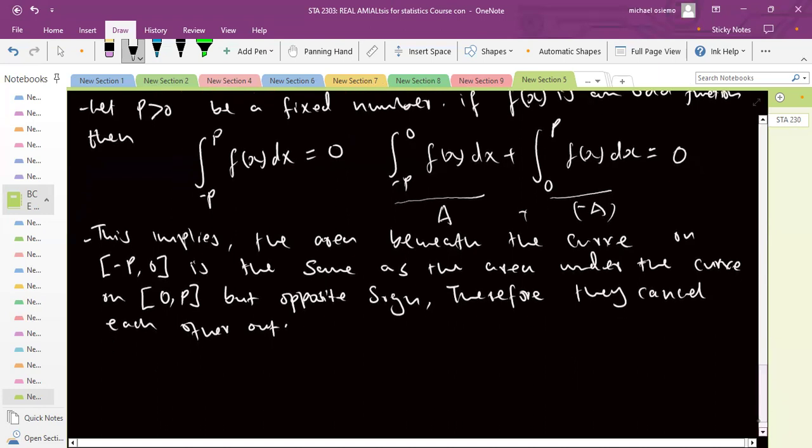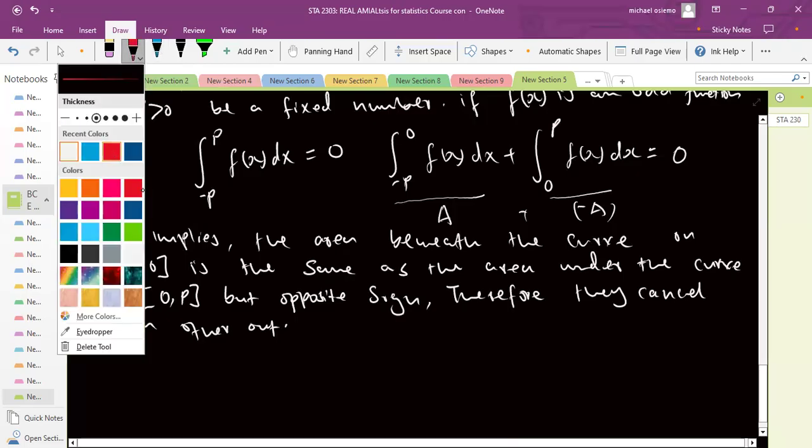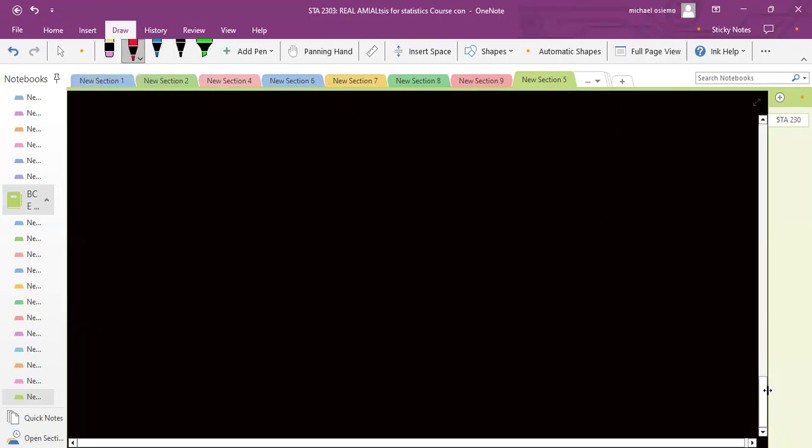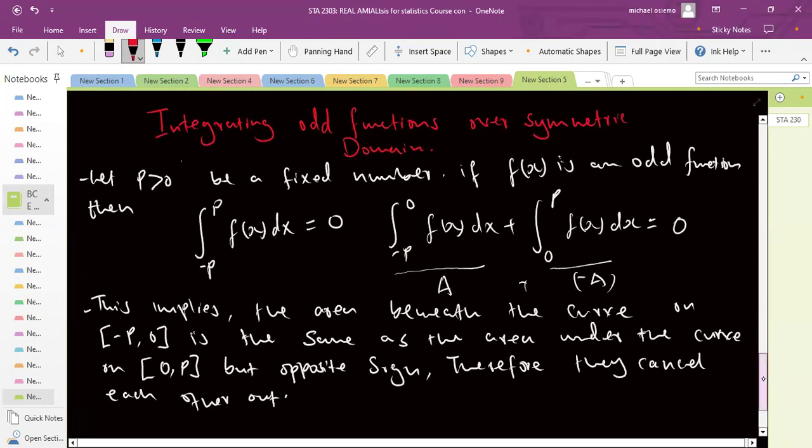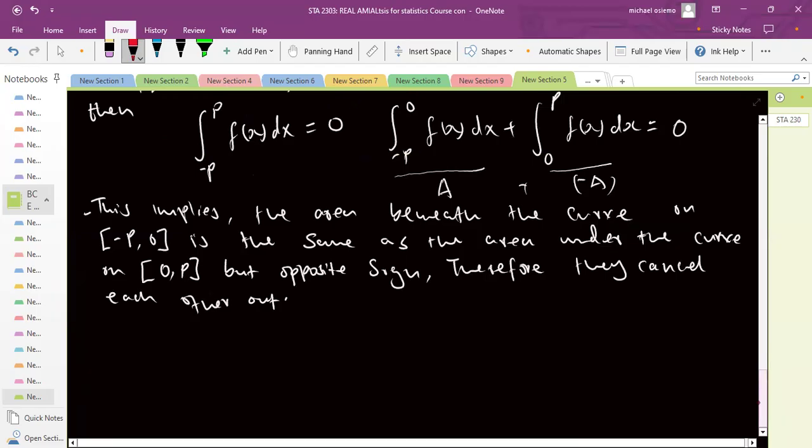Let us have integrating an even function over a symmetric domain.